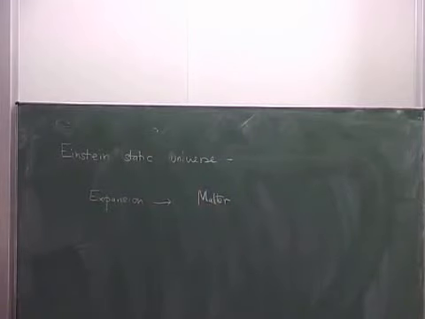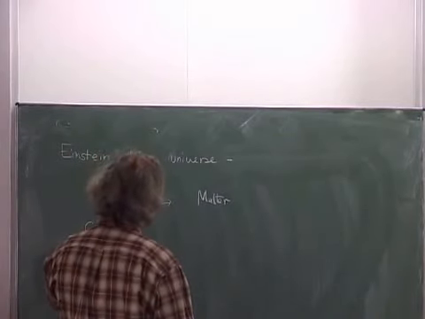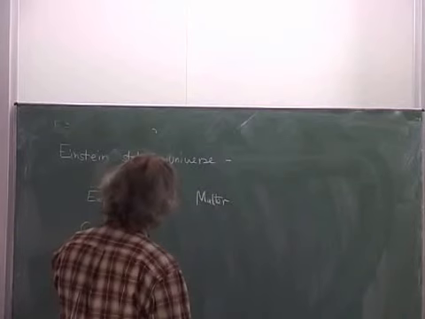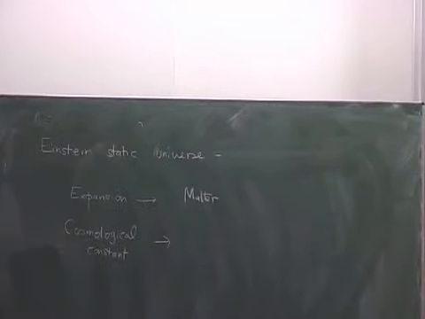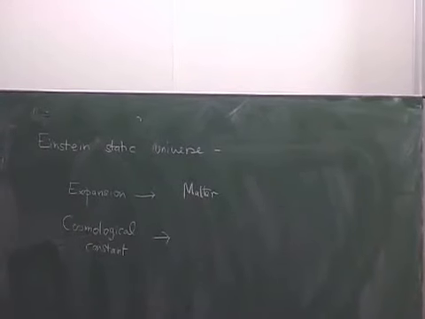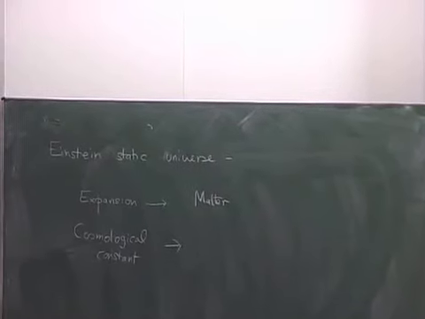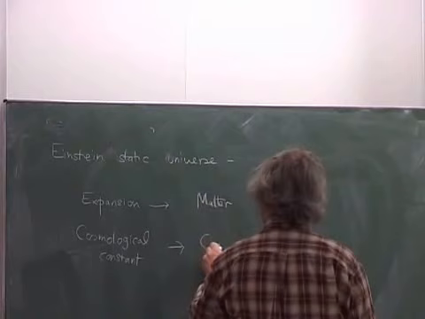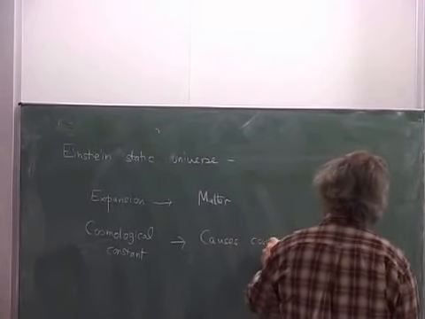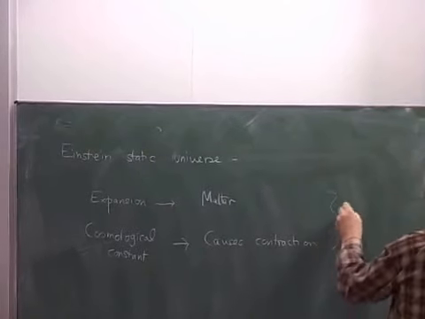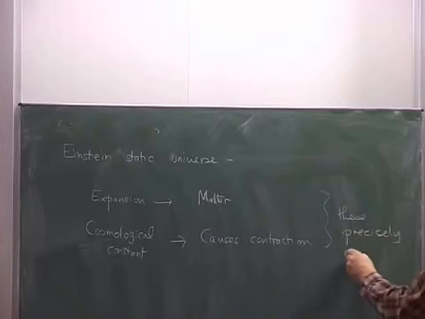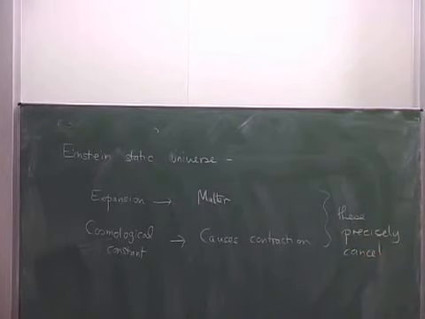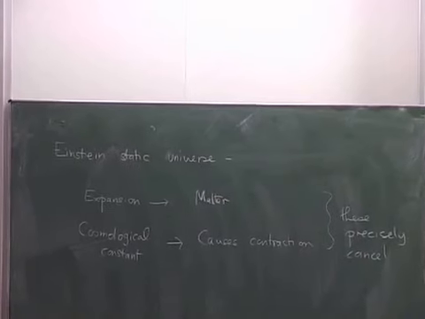So his idea was to introduce what he called the cosmological constant, to precisely cancel the expansion due to the matter. Hence the story that Einstein's biggest mistake was the introduction of the cosmological constant.